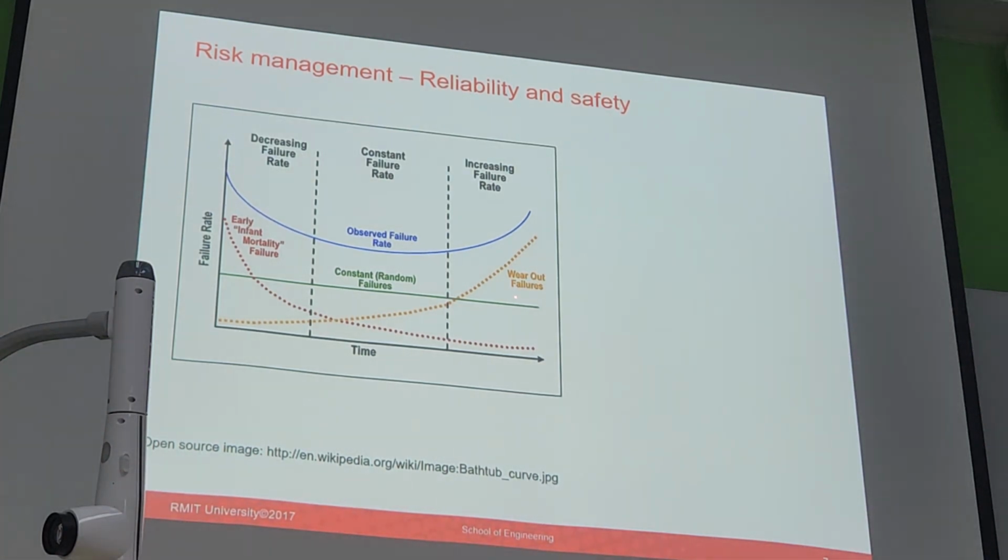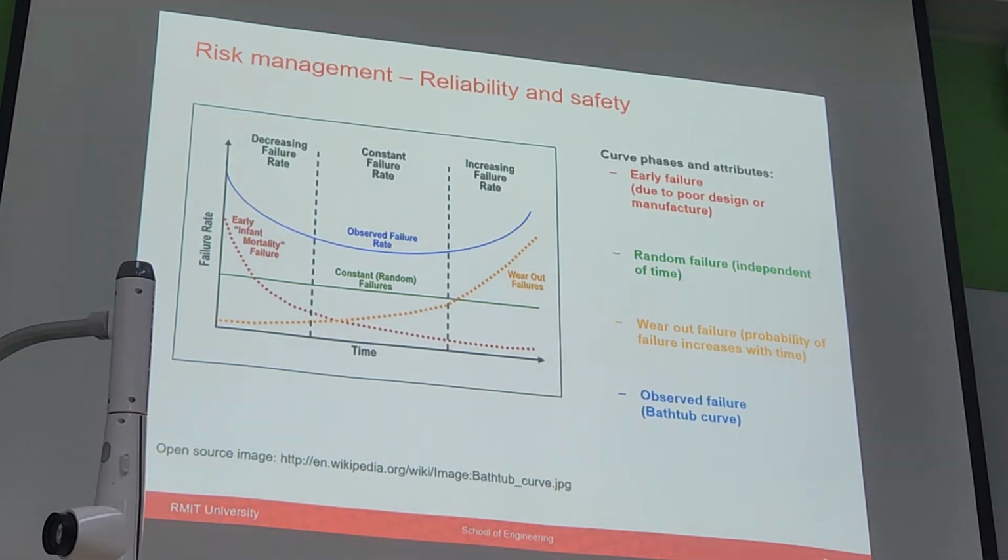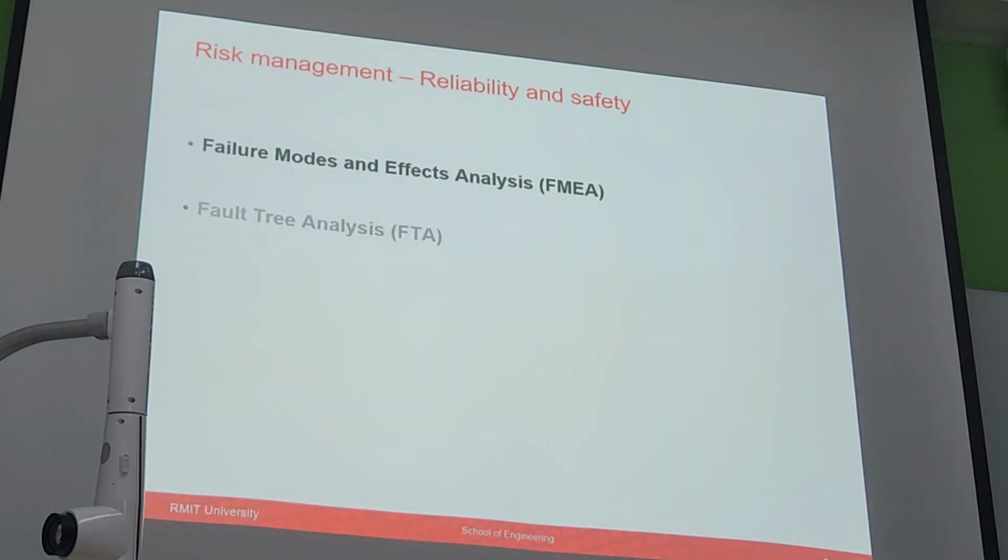Some failure rates increase after a while, some are constant failure, and some are observed failure rates that change during the time. So our job is understanding this. Some of the failures we have to identify in the first step, and then we have to clarify them.